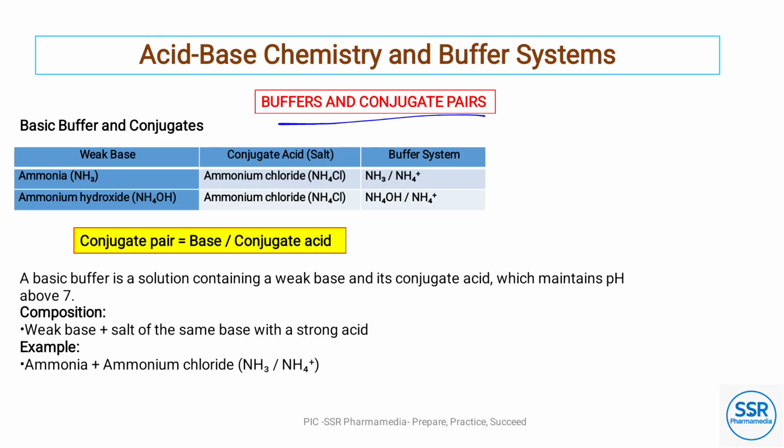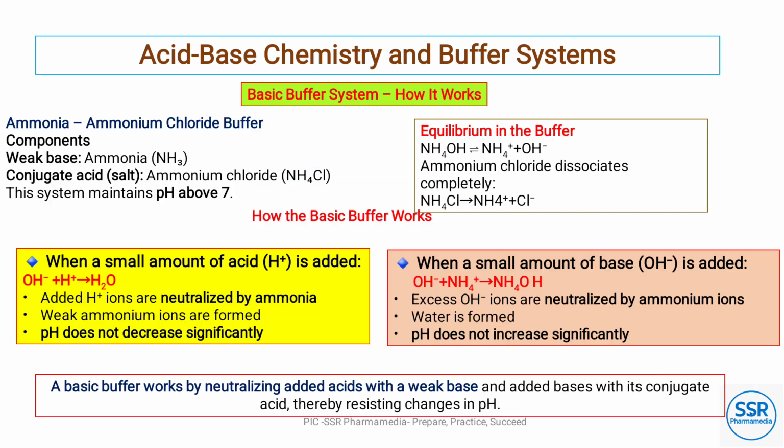So next is the buffer and its conjugate pair: ammonia and ammonium chloride. We are going to discuss the basic buffer. Ammonium hydroxide and ammonium chloride is the basic buffer and conjugate pair. Now we will discuss how it works, the same as the acidic buffer. This basic buffer contains ammonium hydroxide and ammonium chloride, the conjugate base.